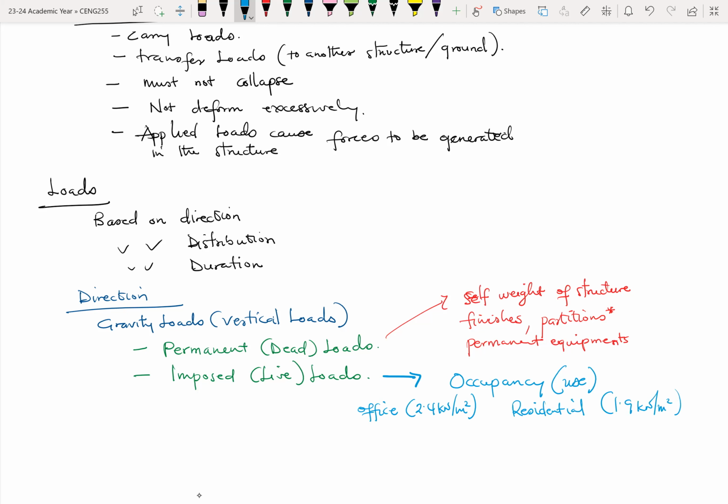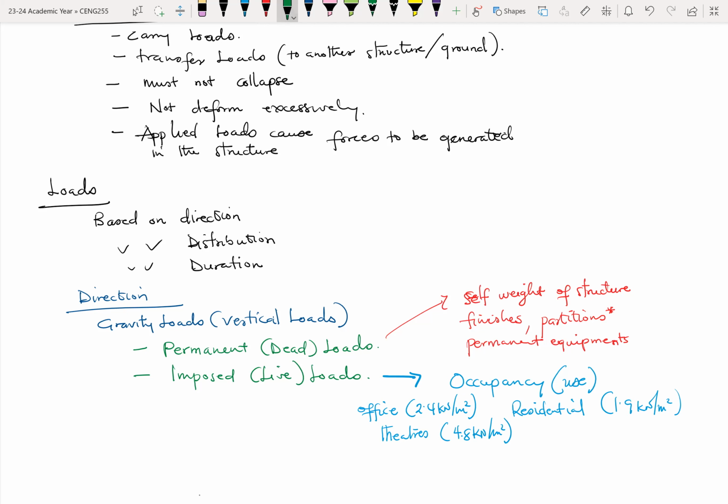For some auditoriums or theaters, like the National Theatre, for example, you could go all the way to about 4.8 kilonewtons per meter squared, right? So these are the different loads that would apply to the structure based on the occupancy or the use of the structure.